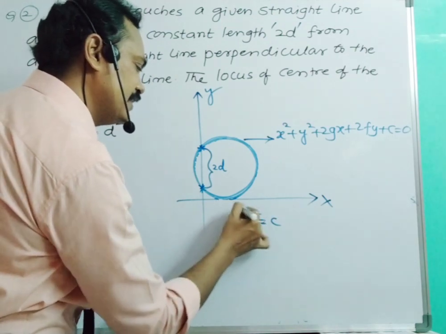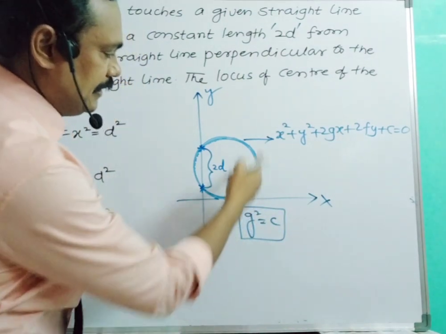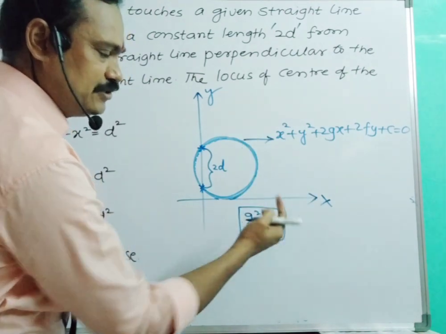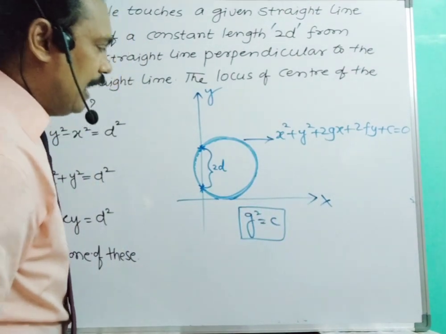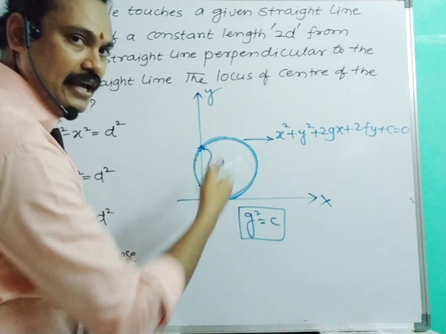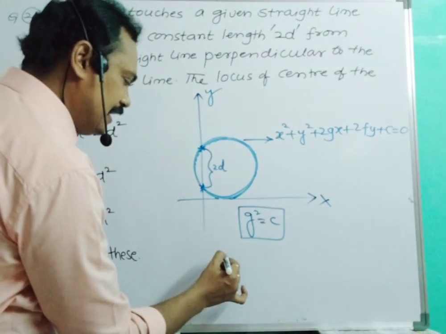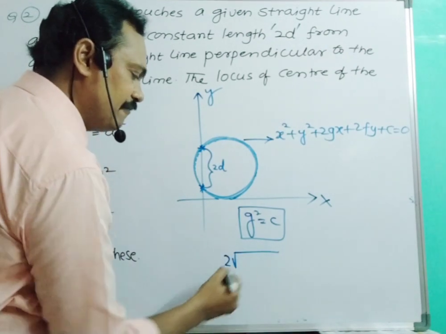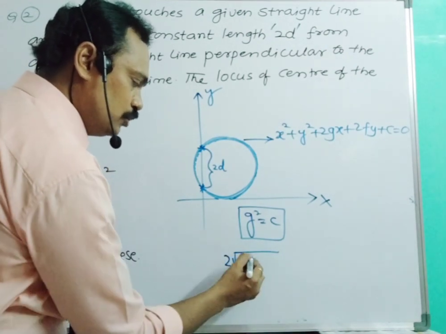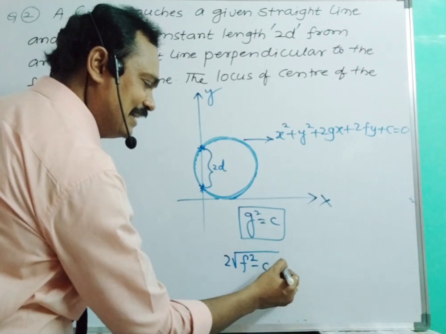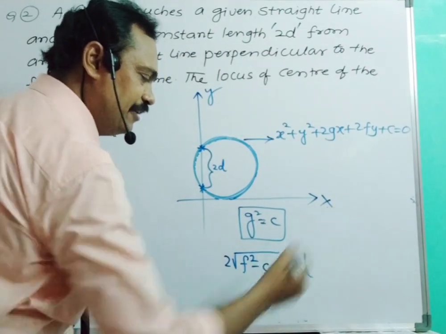This is the first point. The same circle makes an intercept 2d on the y-axis. The length of the intercept made by the circle on the y-axis is 2 into root over f square minus c, which is given as 2d.